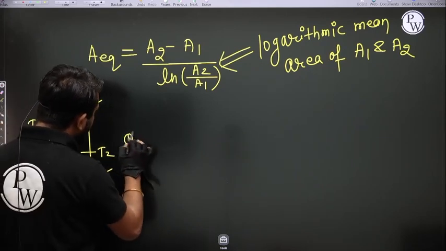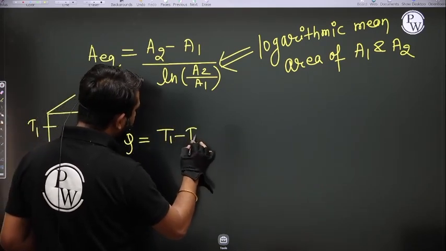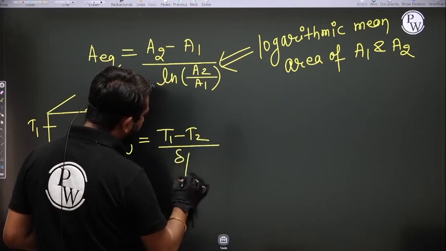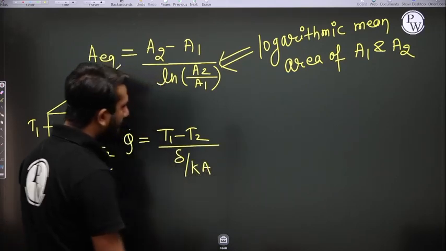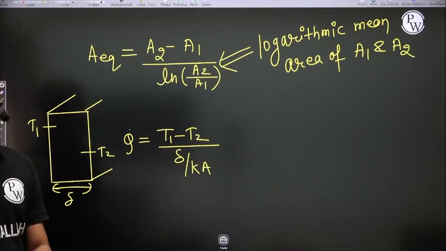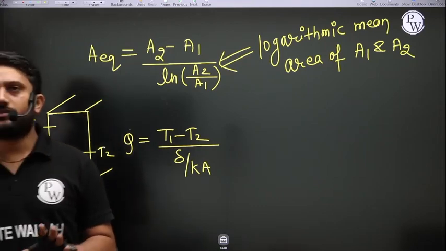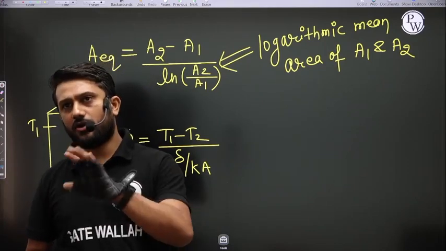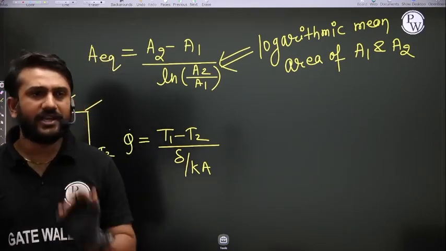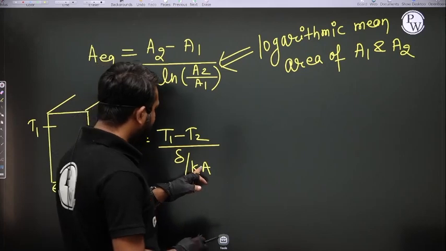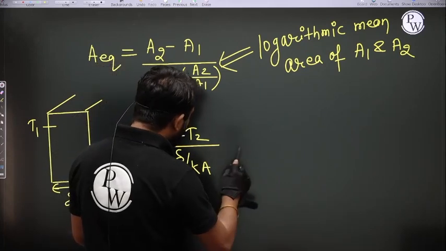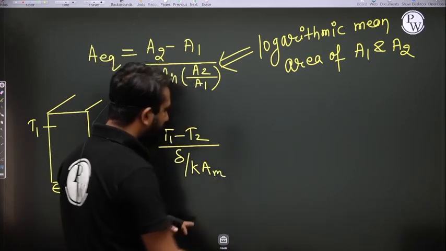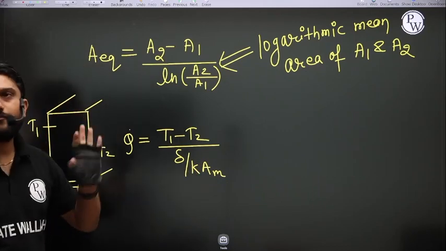So Q dot is equal to T1 minus T2 divided by the thermal resistance, and that is delta by KA. By using the same concept, we can find the rate of conduction heat transfer from the hollow cylinder also. But the only difference is, instead of this A, you have to write AM.